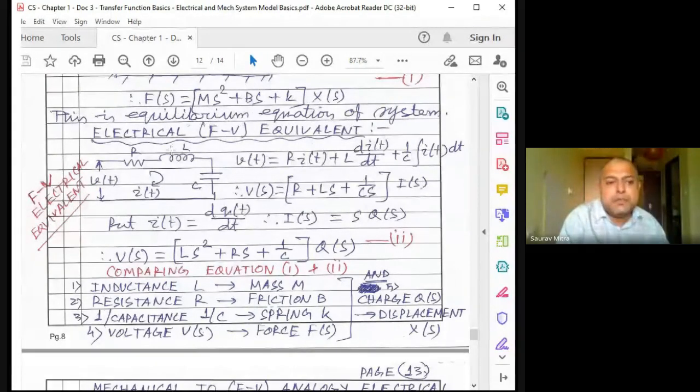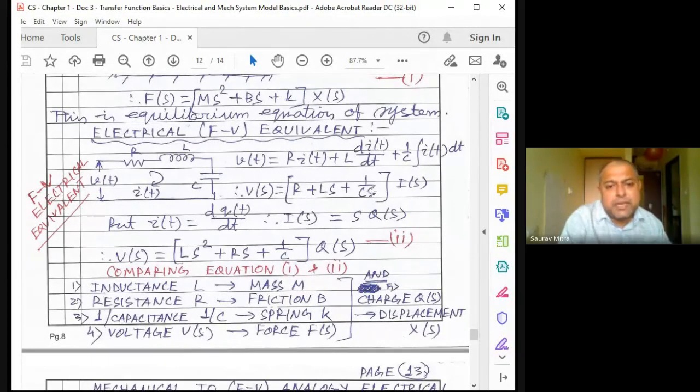Same thing you can check for the electrical system. V(t) is the input, and R, L, and C are the system components. So you can directly write V(s) equal to R plus Ls plus 1 by Cs into I(s). Current is the rate of change of charge, I = dq(t)/dt, so I(s) becomes sQ(s). Now substitute I(s) with sQ(s). What you find is V(s) equal to Ls square plus Rs plus 1 by C into Q(s).